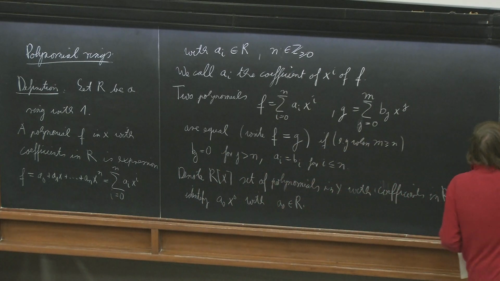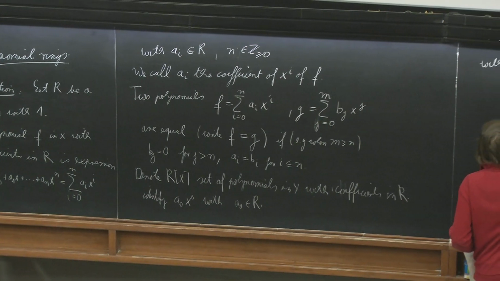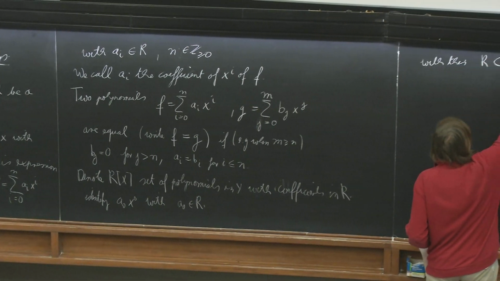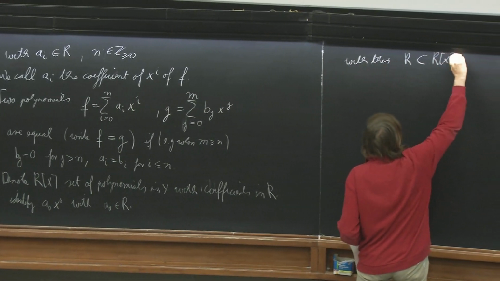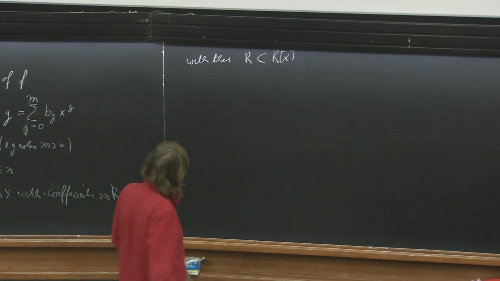And so with this, we have that R is a subset of R[x]. And a polynomial of this form is called a constant polynomial.